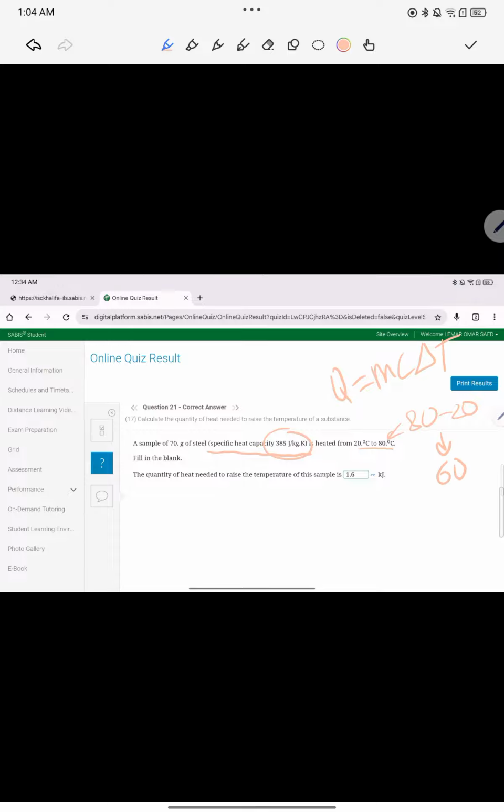You will get 60. You have to convert this to kilogram, so you divide by 1,000, so 0.07. So 0.07 times C, which is 385, times 60, you will get 1617. They want it in kilojoules, so you divide by 1,000, you will get 1.6.